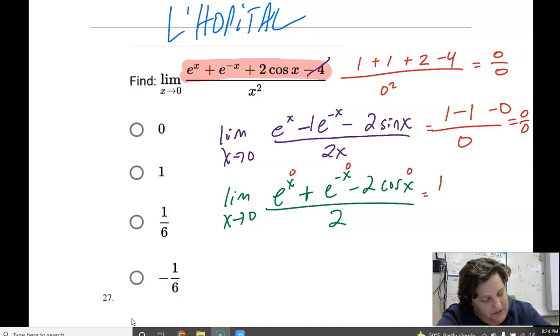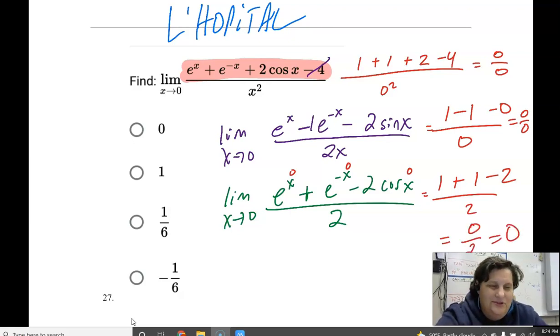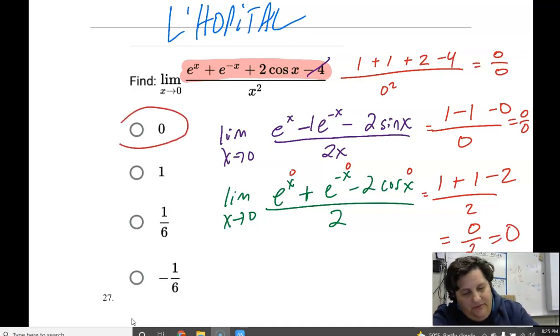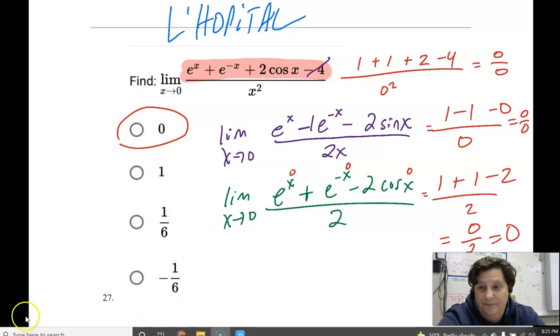Okay, e to the 0 is 1. E to the 0 is 1. Cosine of 0 is 1. I don't love that, but that's okay. So that's 2 minus 2, which is 0 over 2. Which isn't as satisfying as I wanted it to be, but it's fine. It's 0. All right, it's 0 by L'Hopital's. I was hoping it would be something more cool.